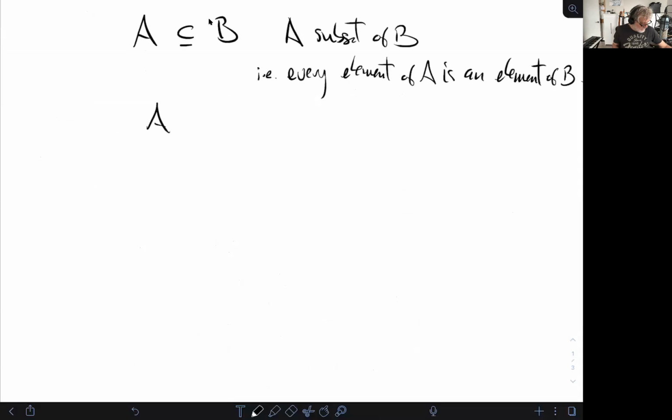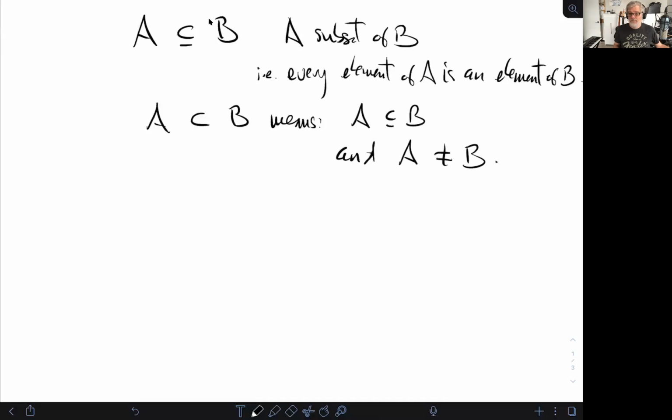If I write this, it means that A is a subset of B, and A is not equal to B. So it's just an extra condition that they're not the same set.